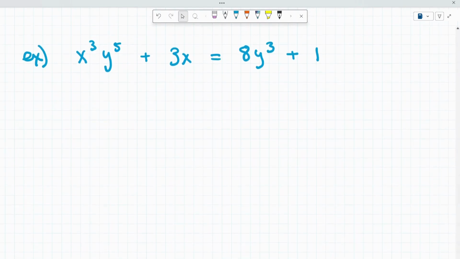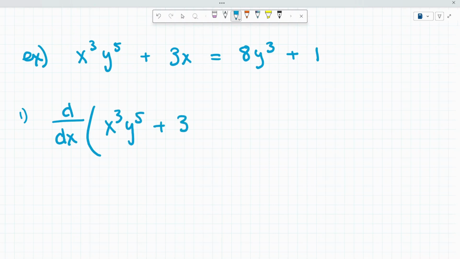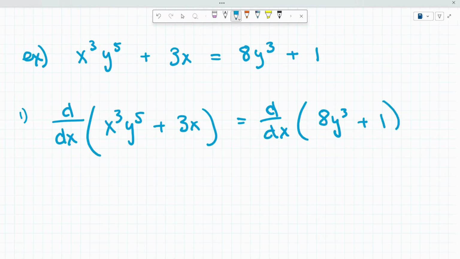Okay, so this one's not as friendly to isolate for y right off the bat, so we're not even going to try that. We're just going to go straight to implicit differentiation. So remember our step 1 here is we're going to take the derivative of both sides of the equation. So we've got d over dx of x cubed y to the 5 plus 3x equals d over dx of 8y cubed plus 1.